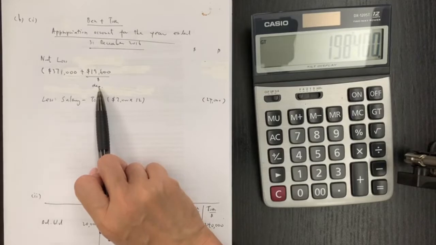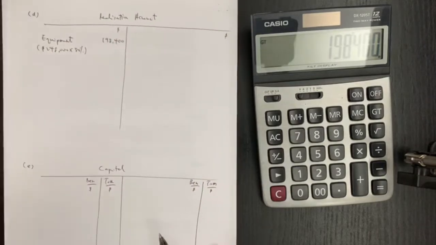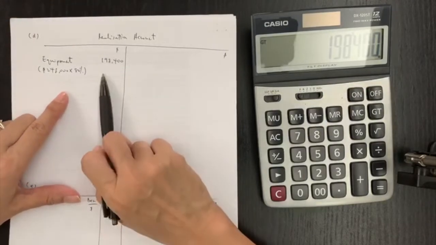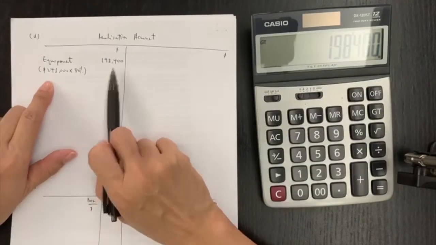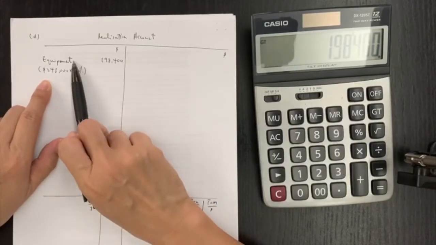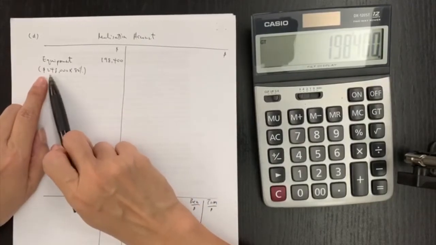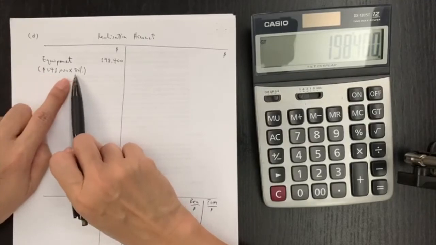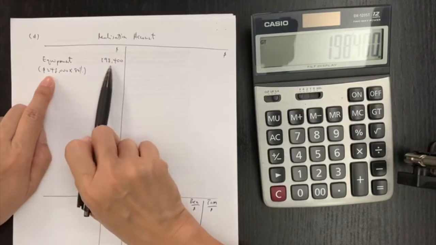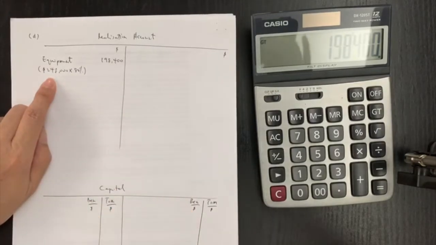Okay, and then remember 1 year later, what happened? We have dissolution. So what is step 1 for dissolution? We need to transfer all assets into the realization account. So therefore, the amount for the first one, equipment, should be the adjusted and revalued amount, and after depreciation, so this will be the amount that we transfer into the realization account.